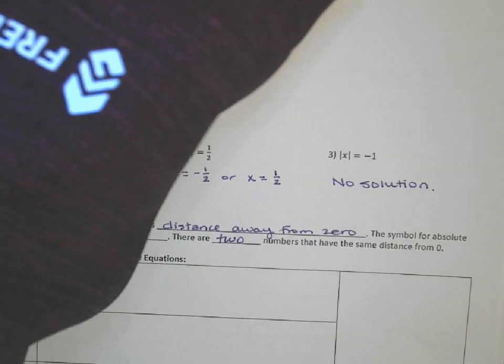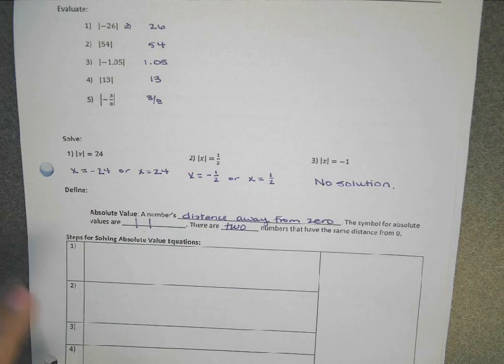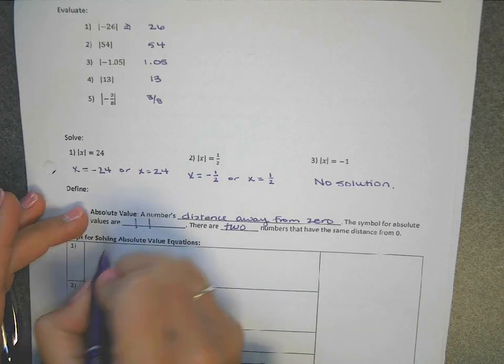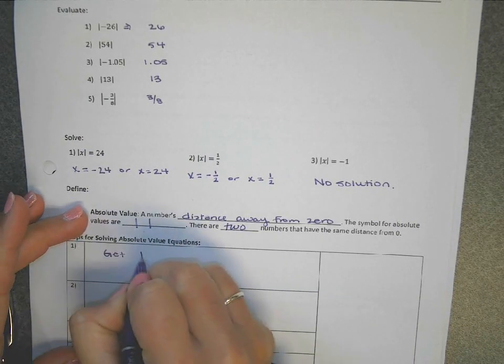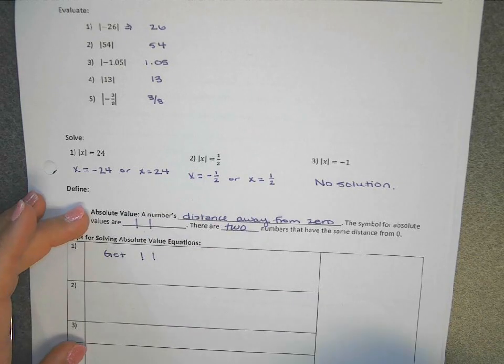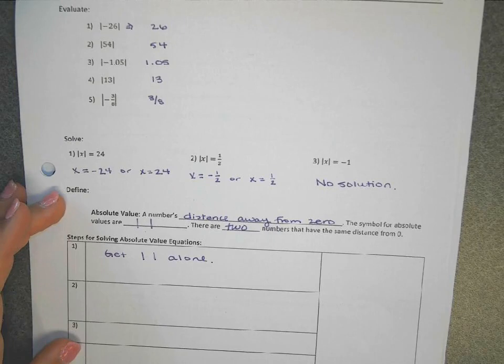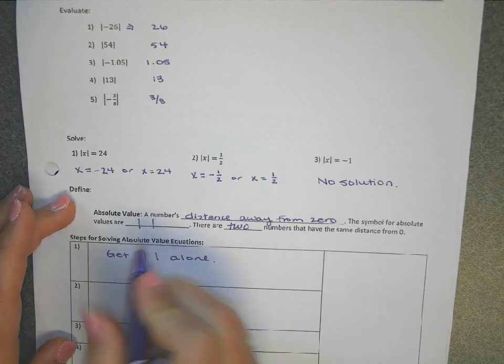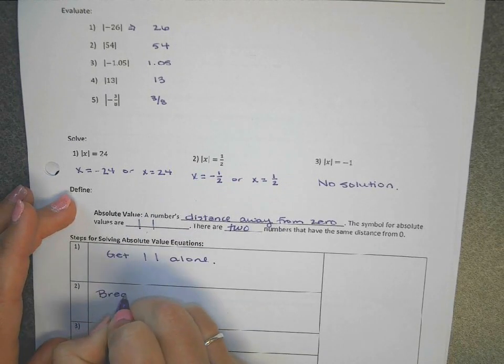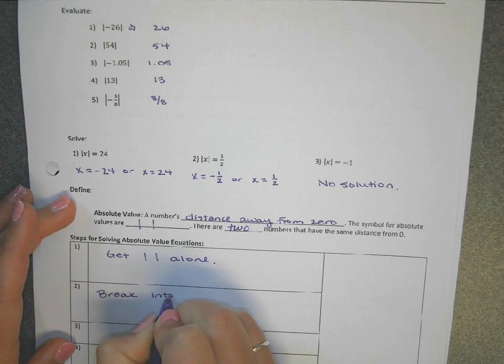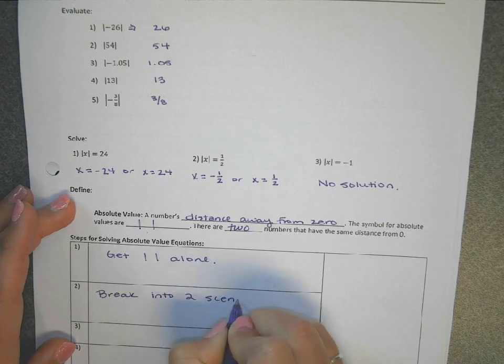Okay. All right, so when we go to solve these, what we're going to do is get the brackets that look like this alone. That's going to be our first step. Our next step is to break into two scenarios.